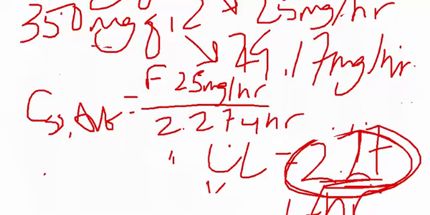So let's see, hours, milligrams per liter. Yep, that's what we want. So 25, and remember our bioavailability is 1. If it was anything but 1, we'd have to be taking care of that in our algebraic calculations as well. So if we give 25 milligrams per hour, we'll expect a concentration of 11 milligrams per liter about.